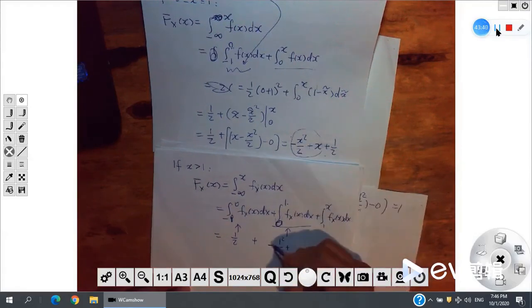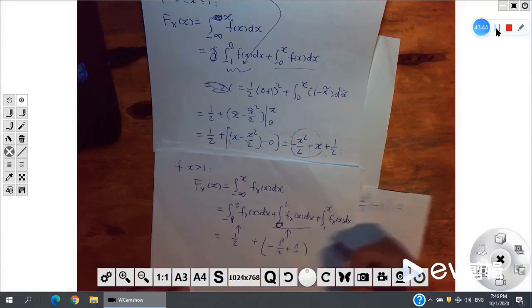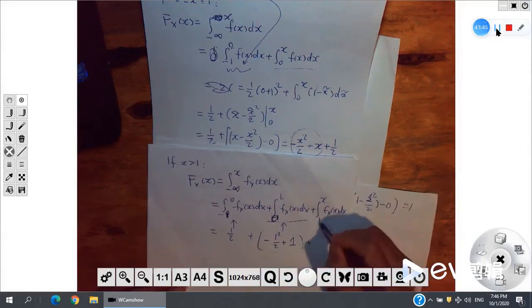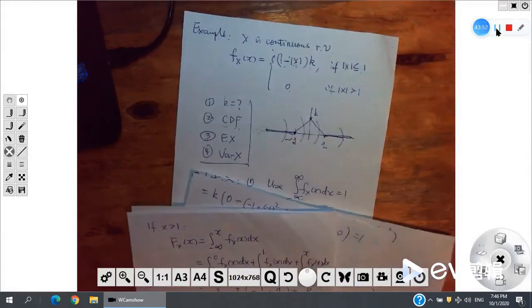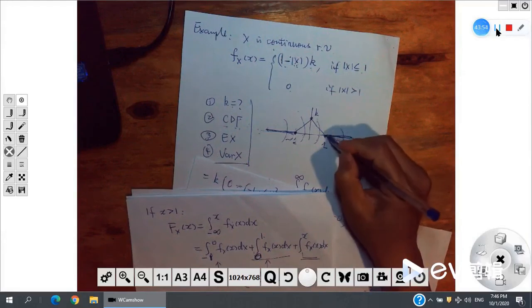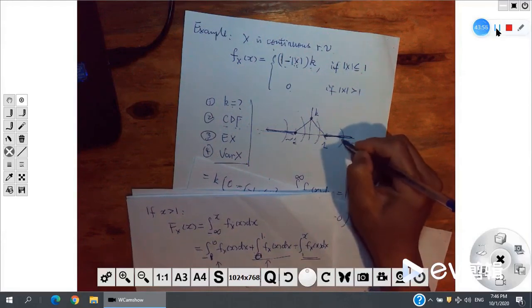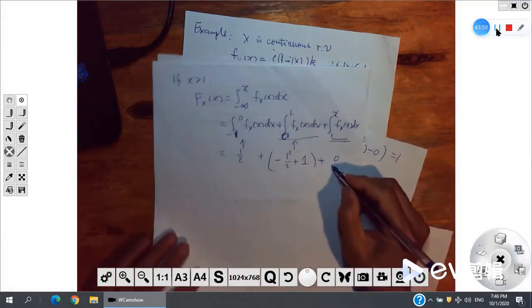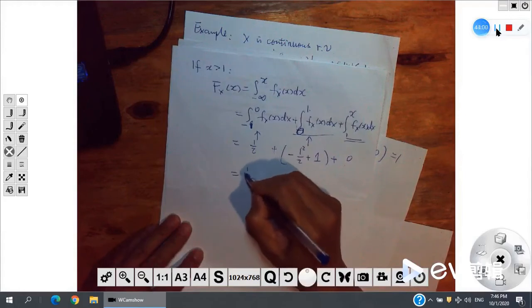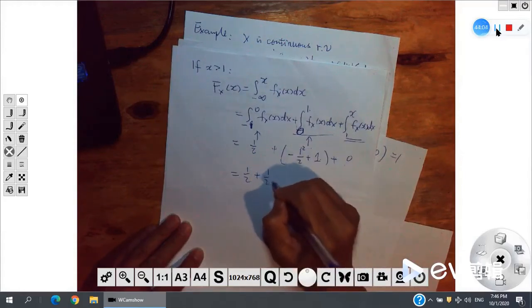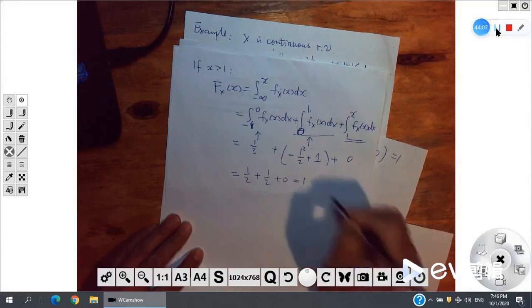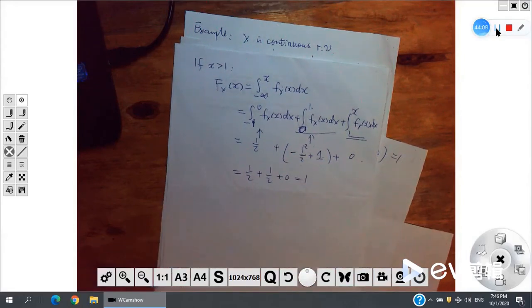So it's negative 1 squared over 2 plus 1. And plus what is it? This is 0. You see the density function here, this part, the integral from here to here, is just 0. So okay, we have this. It's 1/2 plus, this is also 1/2, plus 0, it is 1. Okay, so we have F of x.